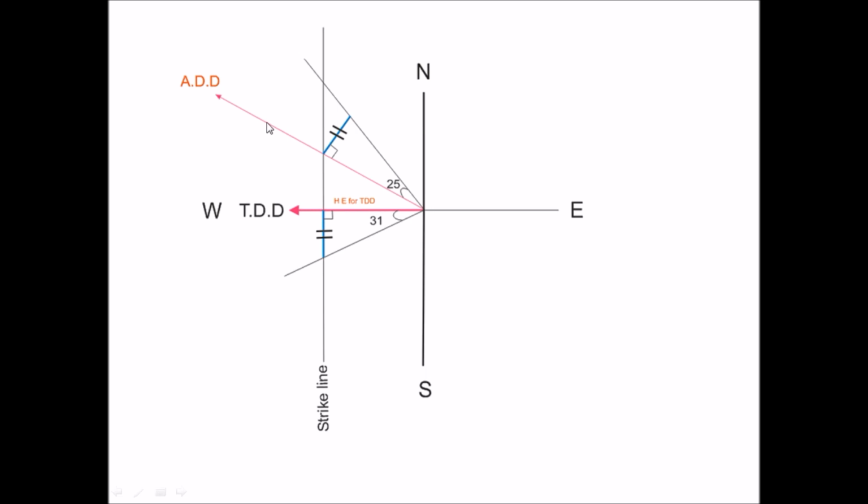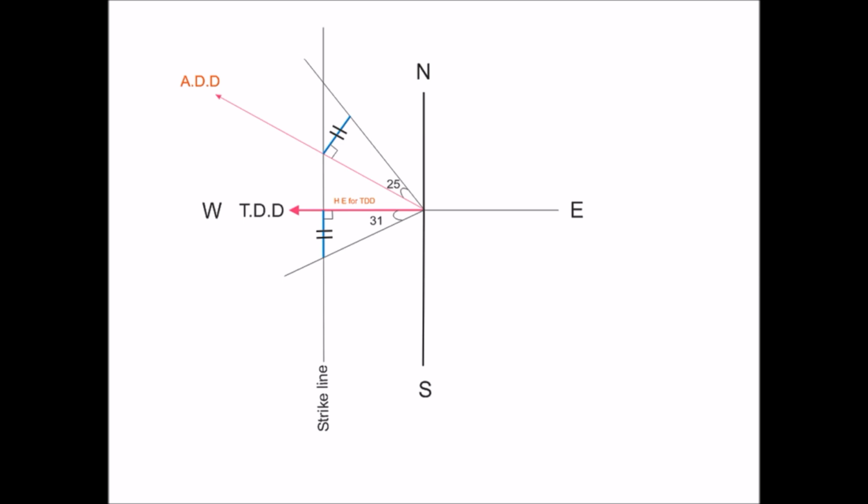So one of the apparent dips is in the western direction. Naturally, as I told you, the true dip could be either in the western direction or toward the east. But since one of the apparent dips is lying towards the western side, the true dip has to be towards the western side. It cannot be towards east. So once we know the apparent dip direction, we can always say that the true dip direction is towards west.